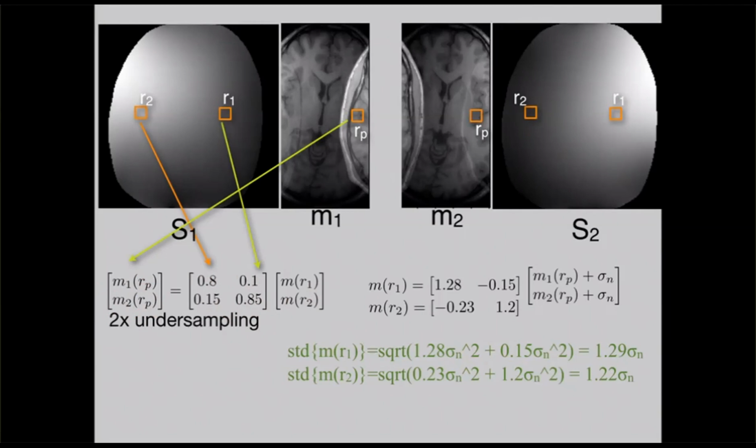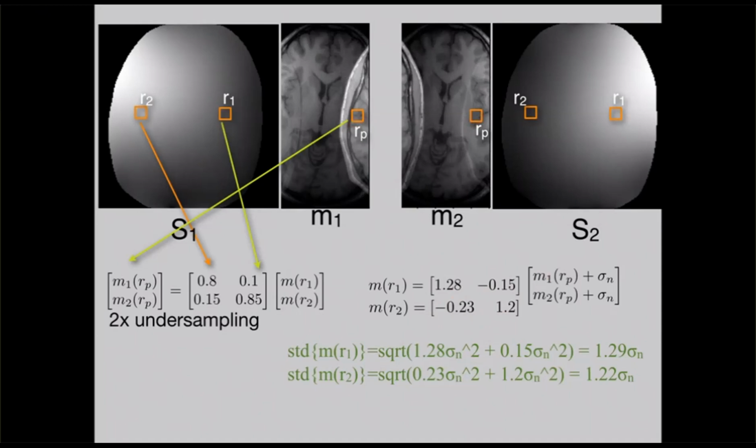Now I want to perform the reconstruction. So I'm going to invert this matrix and multiply by this. Right? Invert this, multiply by this, and I'm going to get that. Okay. So this is the inverse of the matrix. The inverse of the matrix is 1.28 and minus 0.15, minus 0.23, and 1.2 of those pixels.